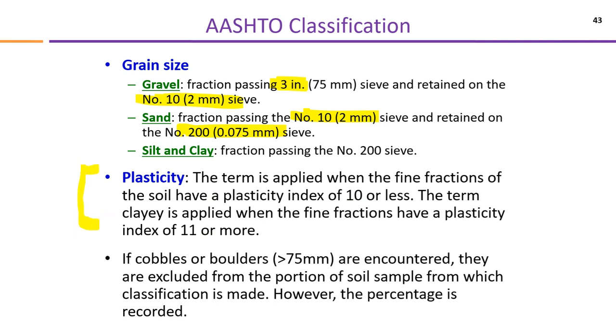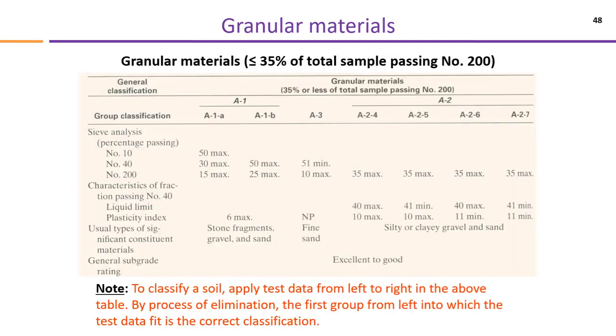So how are we going to classify? This classification process is easier than the unified classification system. Here we have two charts. One is for granular materials, where the passing from the number 200 sieve is less than or equal to 35. We follow this chart, starting from the left, and if all the conditions are satisfied, this is our soil.